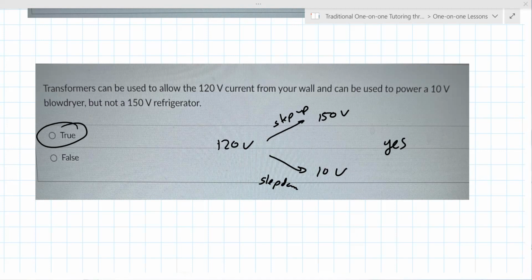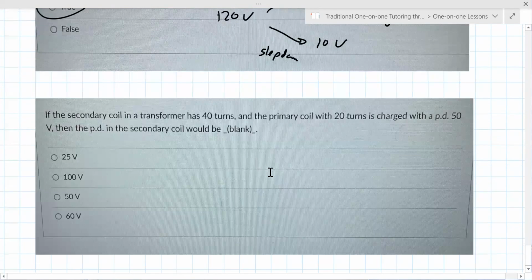So the next question here will help us. If we knew the answer to the previous one, with more turns, more voltage, that should help us to answer this. So let's do primary and secondary here.